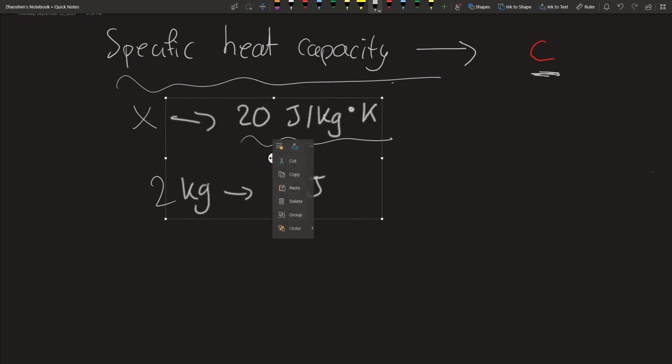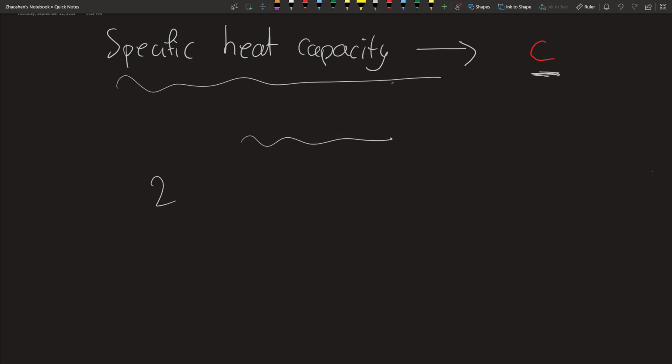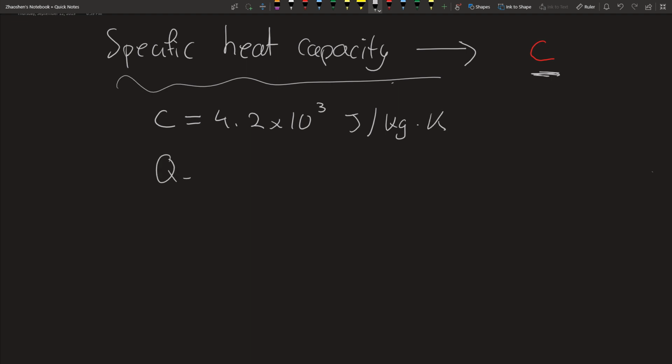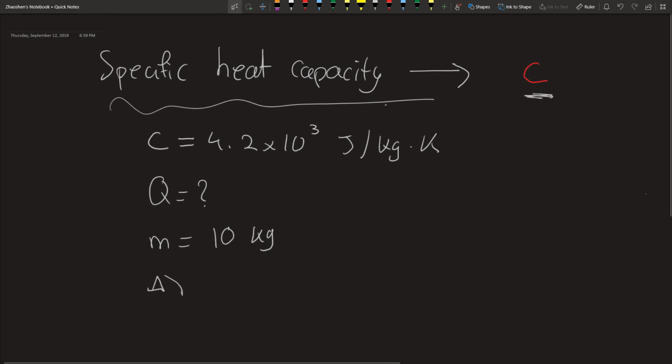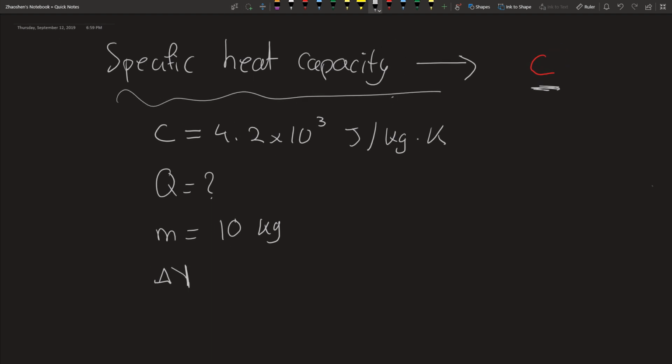Now, moving on, let's solve a quick example. If the heat capacity of water is 4.2 times 10 to the power of 3 joules per kilogram Kelvin, we need to find Q, the amount of energy needed to raise the temperature of a mass of 10 kilograms by 10 Kelvin.